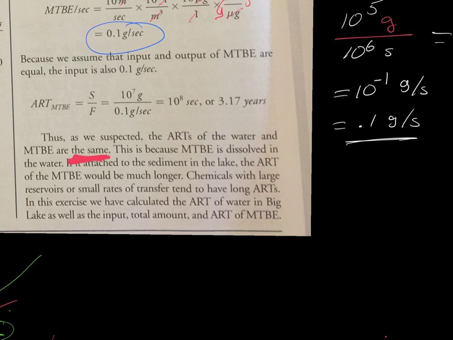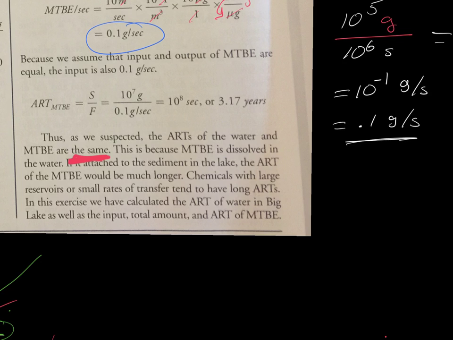In this case, our reservoir is the amount of MTBE that we had calculated in the first part of the problem. The amount of MTBE was 10 to the 7th grams, or 10 to the 4th kilograms, or 10 metric tons of MTBE.